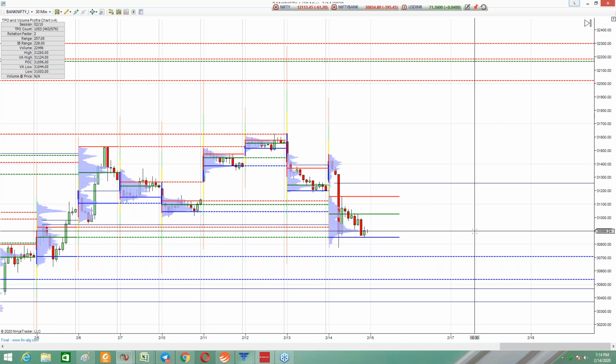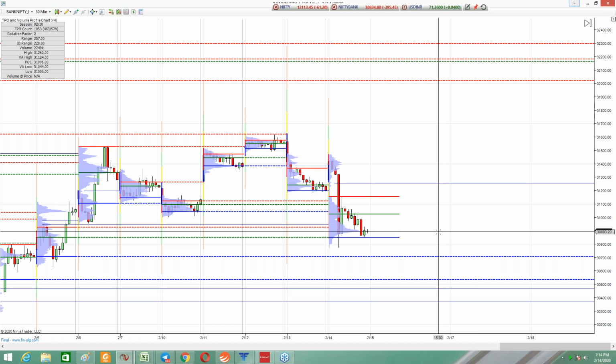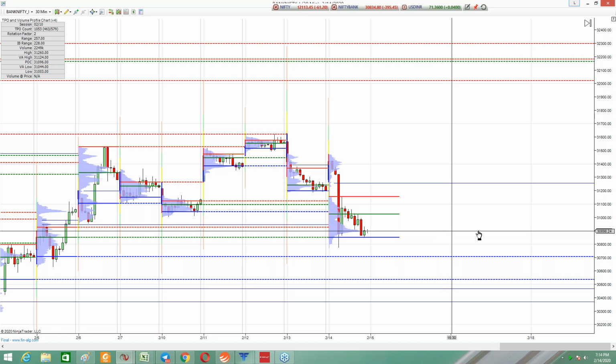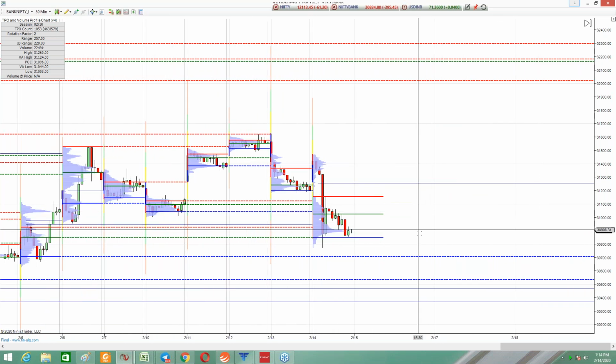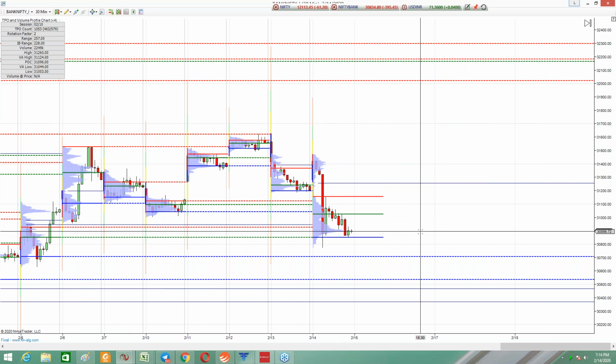It will depend upon whether Bank Nifty is opening gap up or gap down, and whether it is taking support from 3890, or it is taking resistance from 3890 if it is opening gap down, right? That will be the important point to be taken into consideration for tomorrow's trading session.